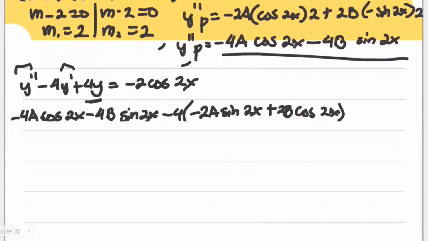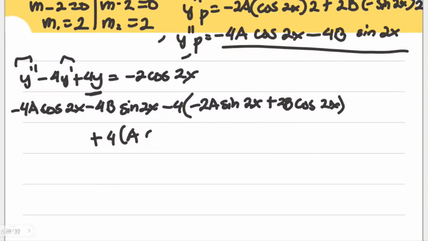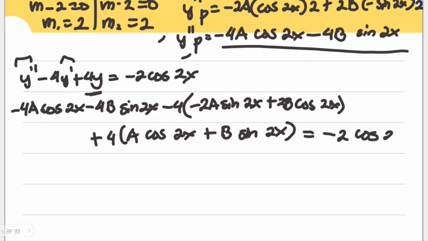So just simply copy that, a cosine of 2x plus b sine of 2x. These are all equal to negative 2 cosine of 2x.